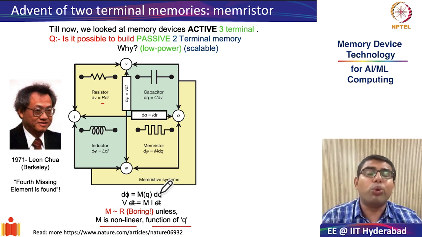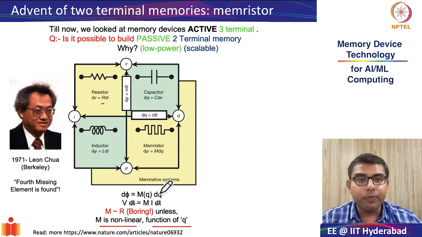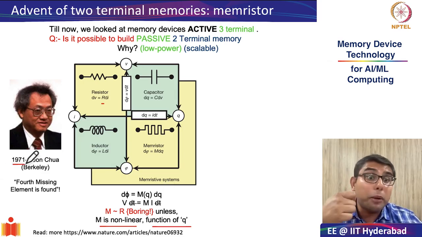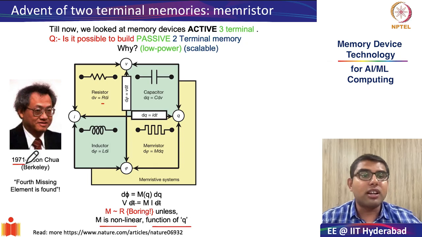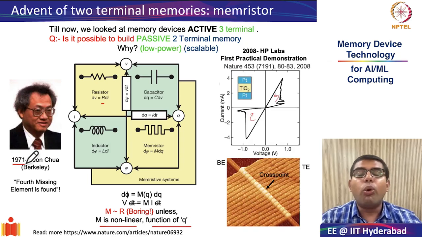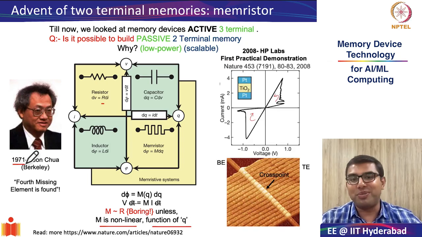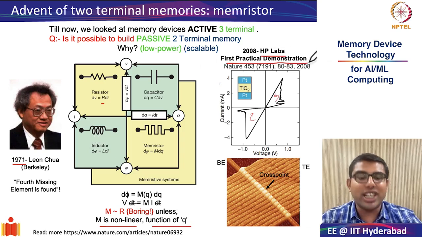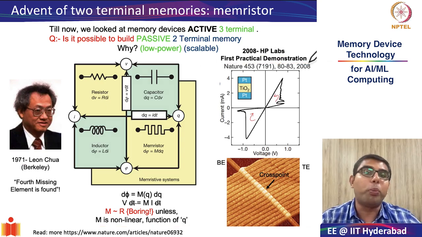But just to complete our historical perspective, although the first theoretical prediction for the memristor was made in 1971, only in 2008 at HP Labs was the first practical demonstration shown, by Stanley Williams' group.